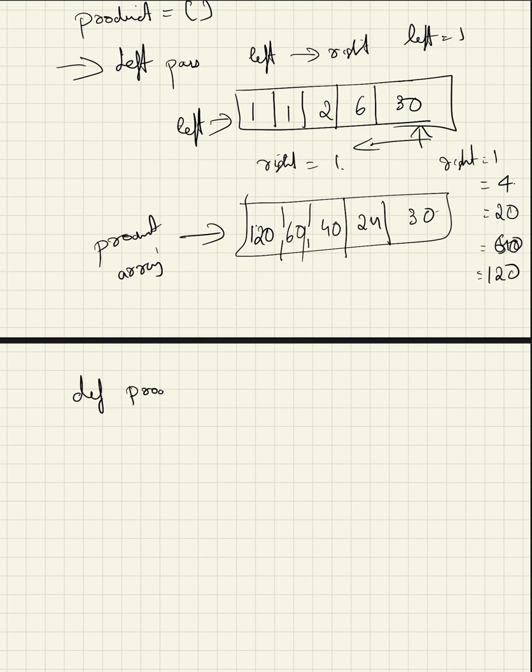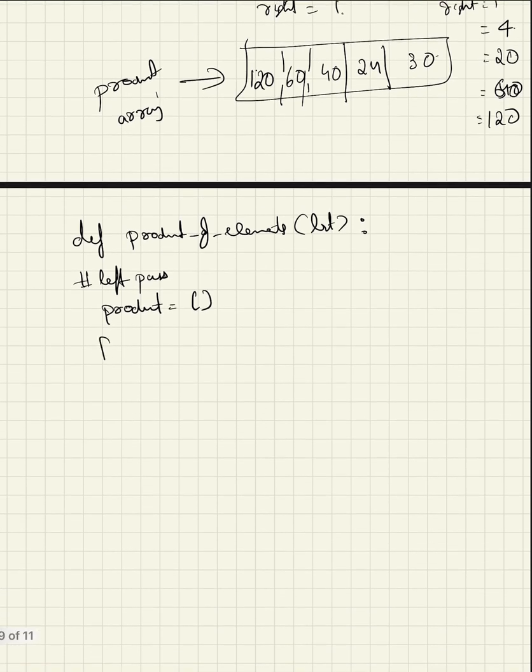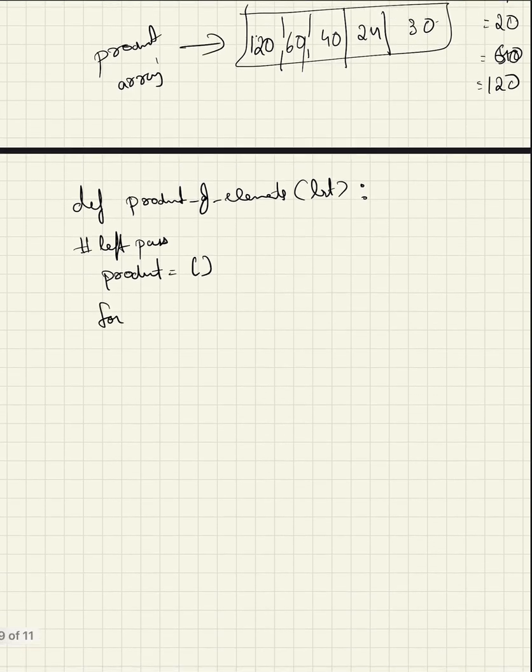So we have def product of elements, which gets a list. I'm going to first do the left pass. I'll define a product array. For the left pass, I'm going to do for element in list.